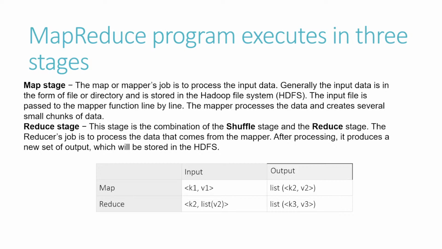For our example, in the map function we have the dates and the sales as input. We process the date and get the year out.